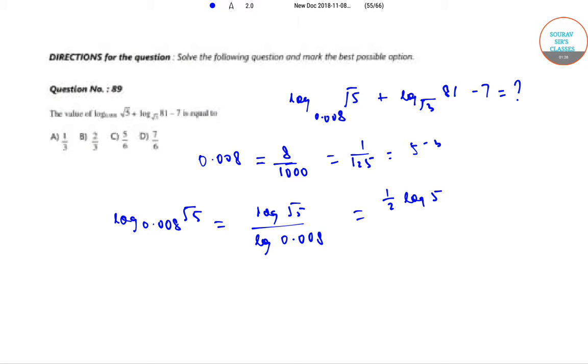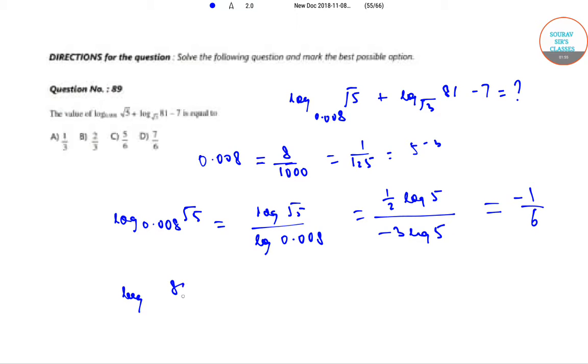Since root 5 is 5 to the power half, so log 5 to the power half is half log 5 by minus 3 log 5. So this is equal to minus 1 by 6.